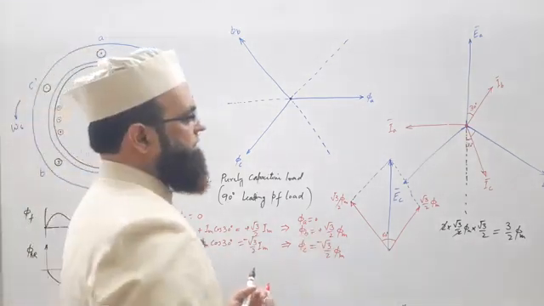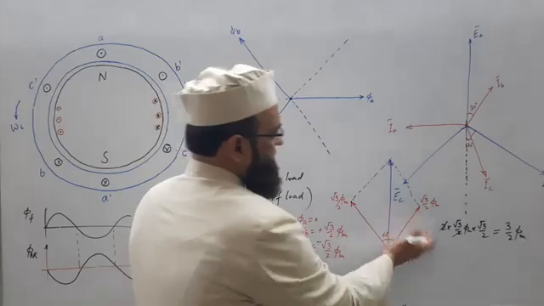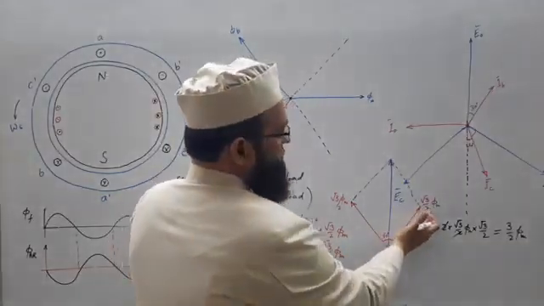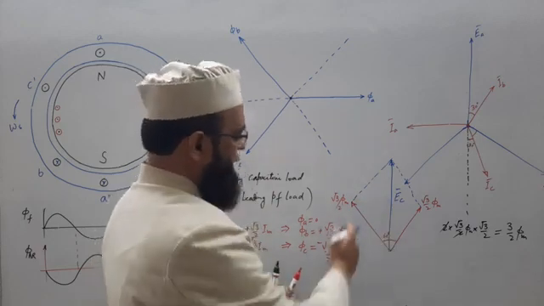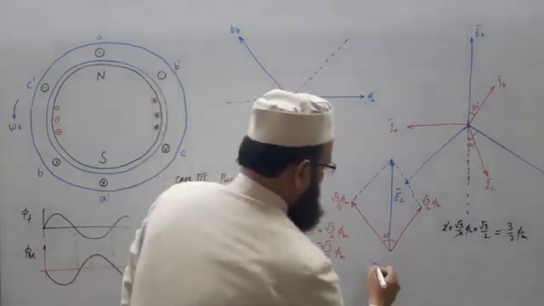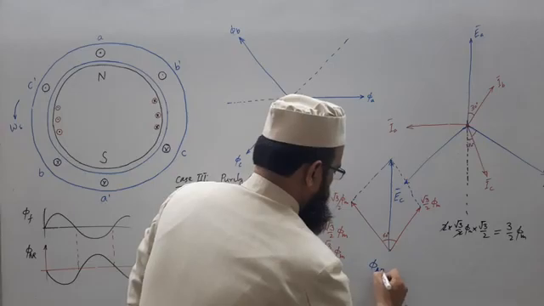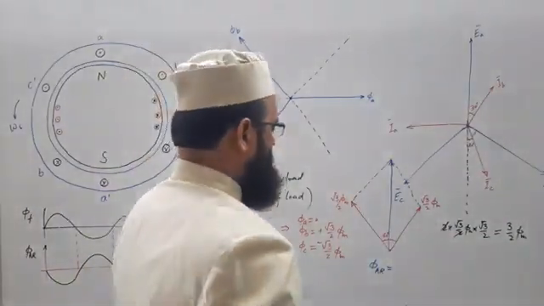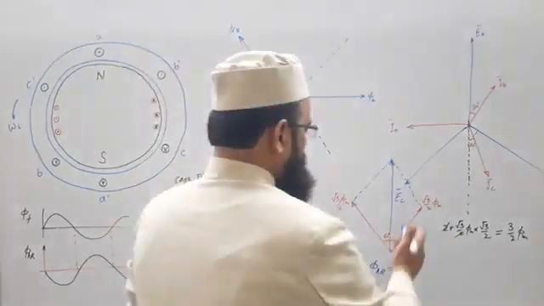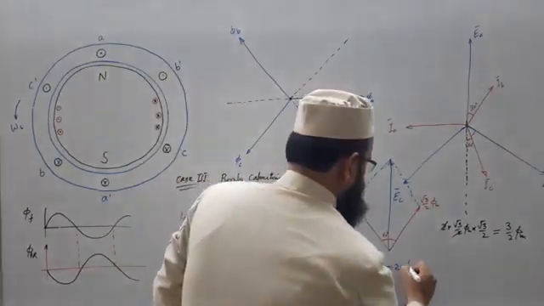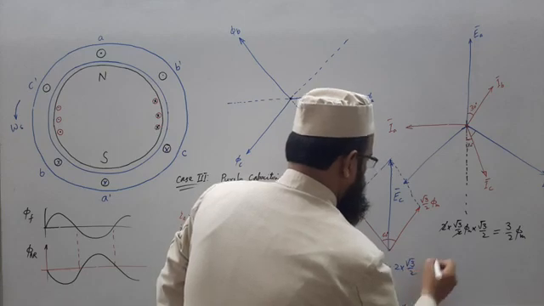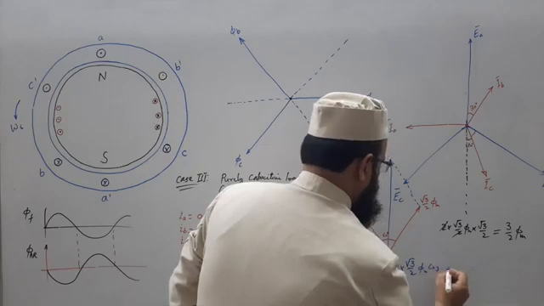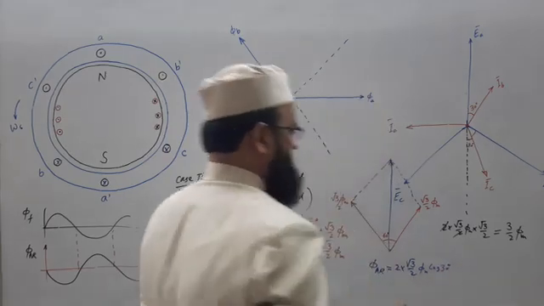Let us take projection. The horizontal projection will get cancelled. The vertical projection will be root 3 by 2 phi m cosine of 30 degree, again the same magnitude. So phi AR, as the horizontal is 0, only the vertical remains, which will give you twice of root 3 by 2 phi m cosine of 30 degree.